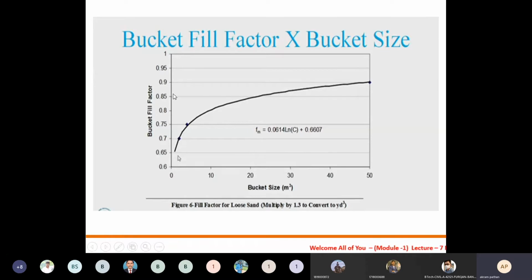And there is a factor that is known as the bucket fill factor. So we have to take 0.85 for the bucket size of 30 cubic meters. So this chart is helpful to know the bucket fill factor.